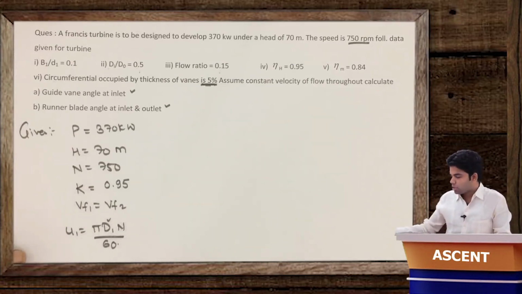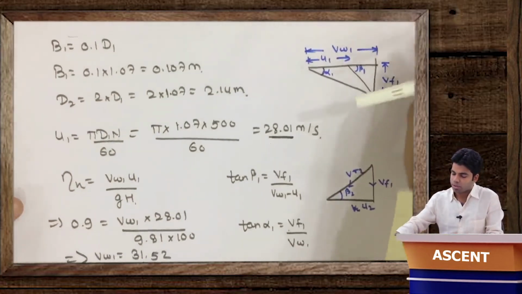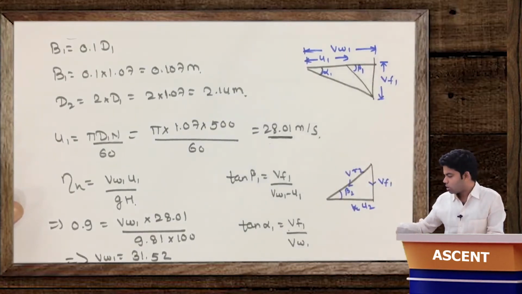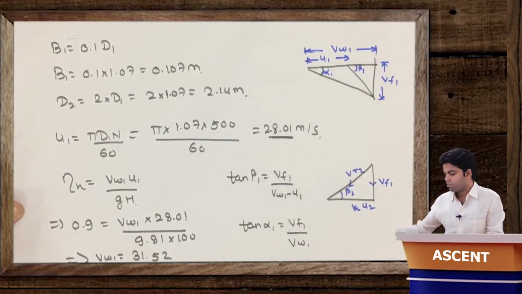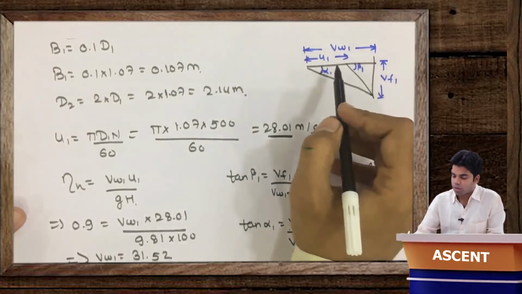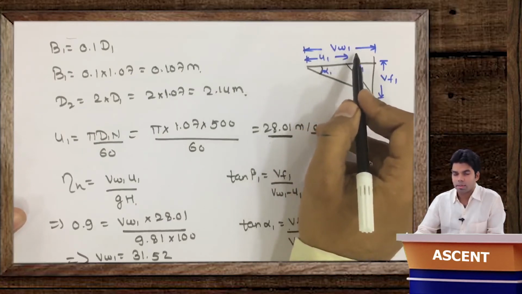And for α1, α2, β1, β2, as I told you, first we will have to determine how the velocity triangle will be, whether it should be like this, or like that, that is, whether β1 should be greater than 90, which I also told you. For that, first you will have to determine whether this u1 is greater than vw1 or less than vw1.